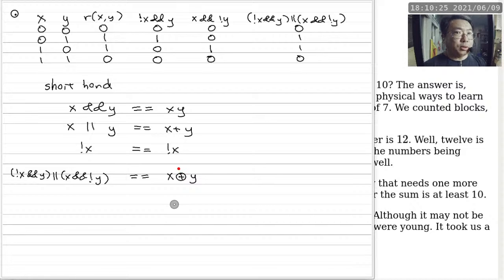So if I don't use extra parentheses, we always apply the negation first, then the conjunction, and last the disjunction. Do we have any questions at this point about just the notation? No questions? All right, we're going to move on then.